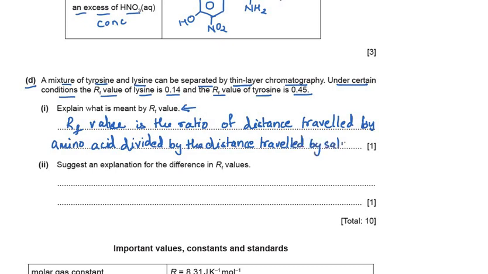So that's the ratio of both these distances, and that gives us the RF value.